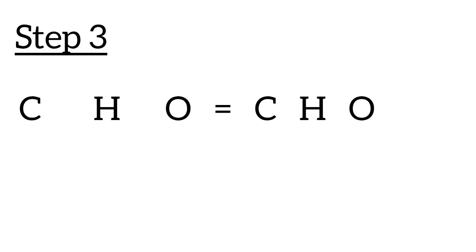So for the third step, we are going to multiply the whole number to subscript of empirical formula. So we are going to multiply the whole number, which is 6, to the subscript of the empirical formula. So we have 1 times 6, which is 6.